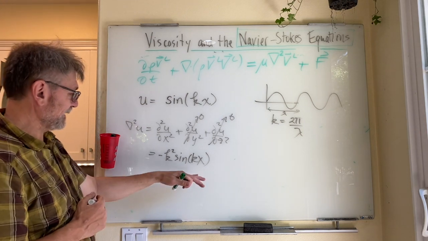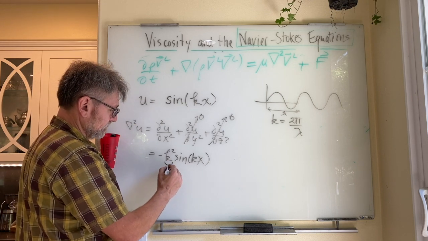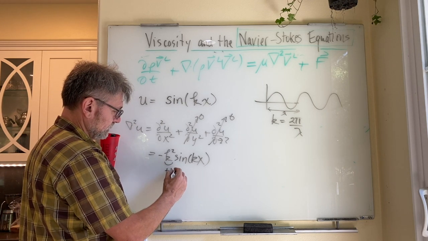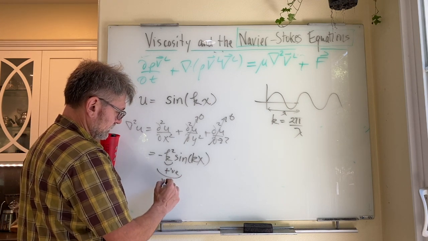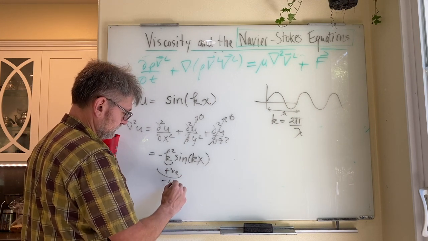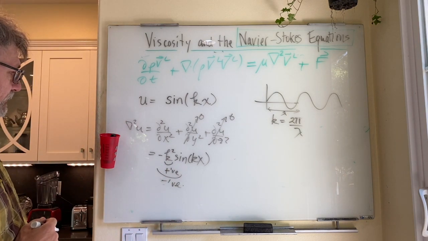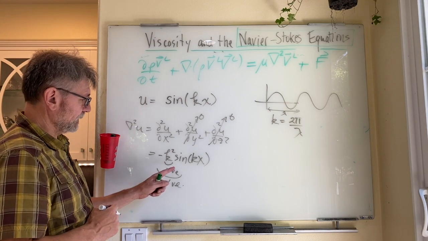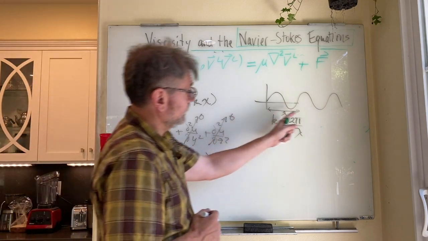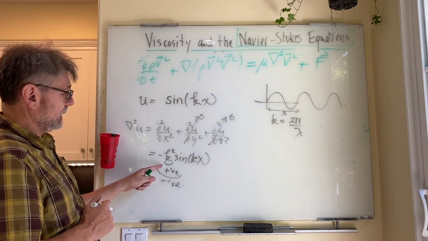Okay, so now let's imagine what happens. Notice there's a minus sign. This is positive, and there's a minus over here, so the whole thing is negative. k squared is positive, minus k squared is definitely negative. And so what's going to happen to the wave? Well, it'll get damped, at a rate.